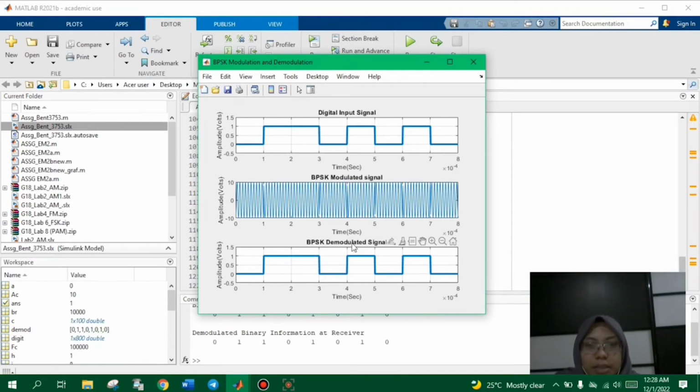Next, this is the BPSK demodulated signal. When the digital signal goes from 0 to 1, the BPSK modulated signal shows the sine waveform converting from 0 to 180 phase. The demodulated signal shows the same waveform as the digital input signal.